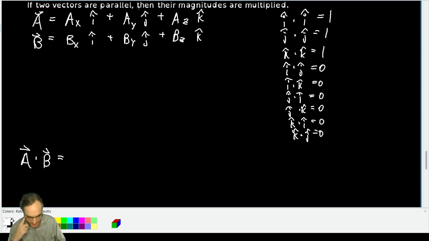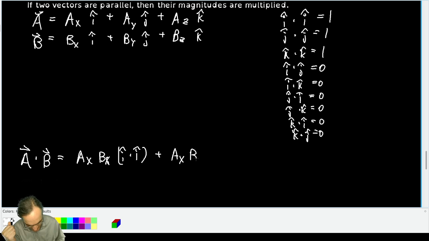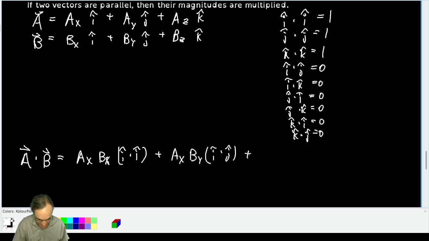You can kind of think of that as being AX BX I hat dot I hat plus AX BY I hat dot J hat, and you can already see how this pattern is going to go. AX BZ I hat dot K hat.